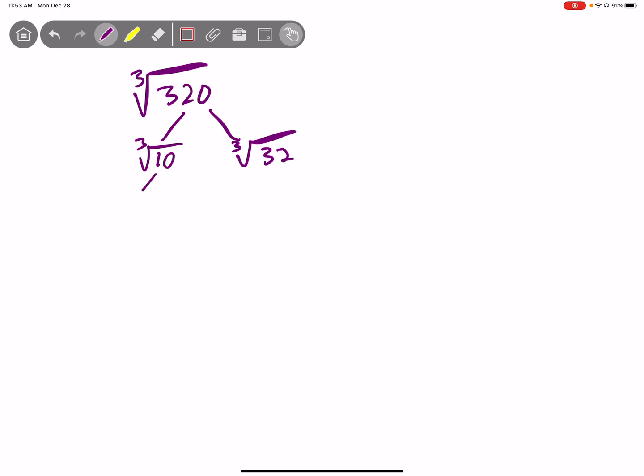Cube root of 10 can be broken down into the cube root of 2 and the cube root of 5. 32 can be broken down into the cube root of 4 and the cube root of 8.